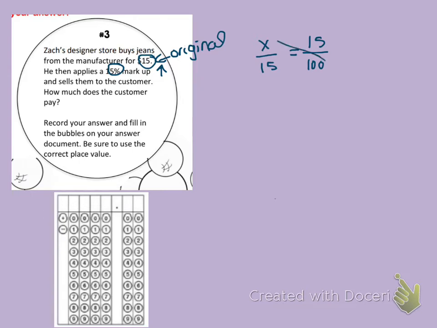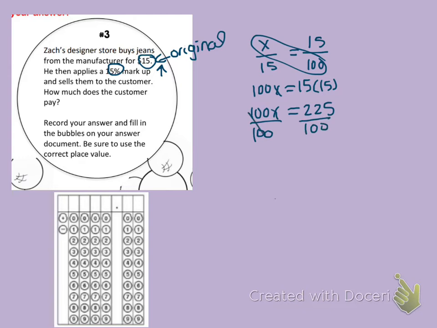Okay, so here we would cross multiply: 100x equals 15 times 15. Okay, so then 100x equals 225, and then we're dividing by 100. So x equals 225 divided by 100.